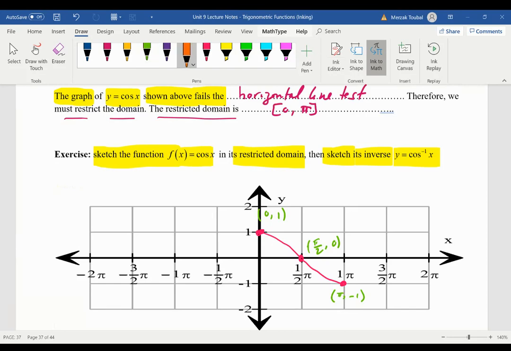Now for the inverse, the x and y switch. So 0 comma 1 becomes 1 comma 0. The second point, pi over 2 comma 0, becomes 0 comma pi over 2. And pi comma -1 becomes -1 comma pi.